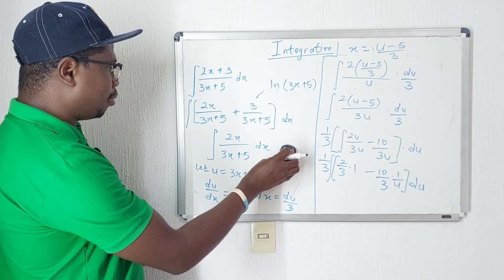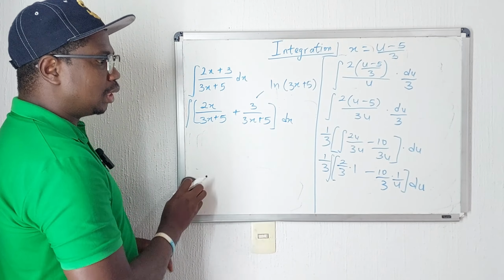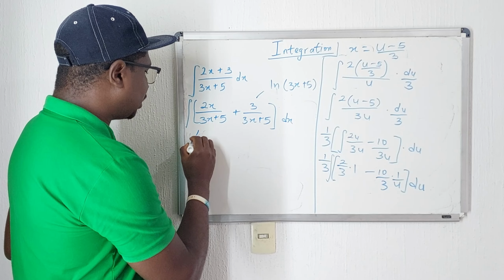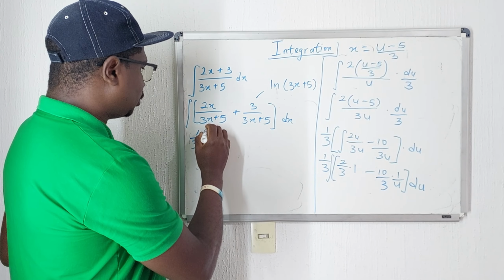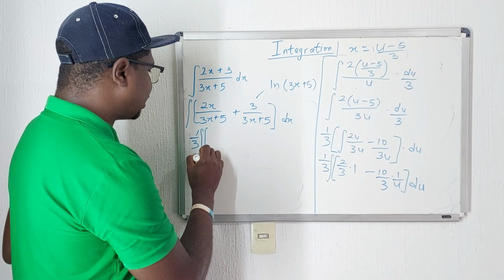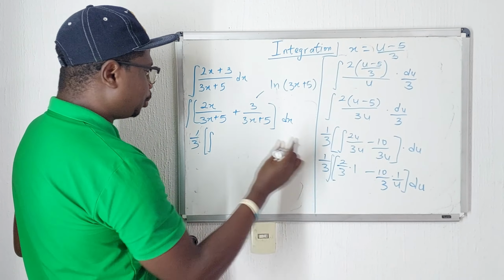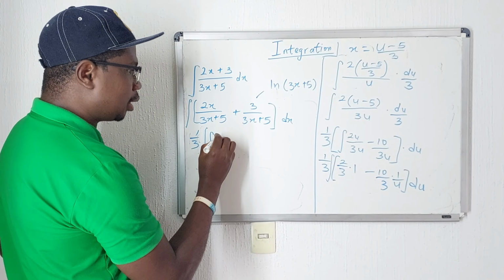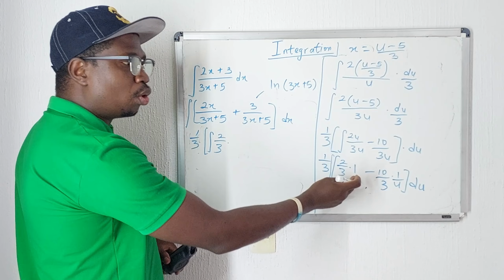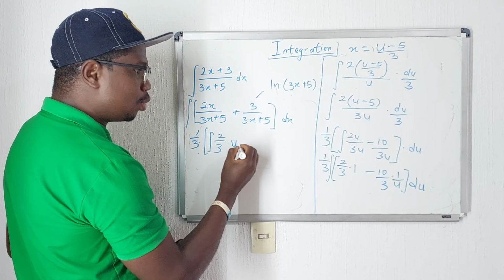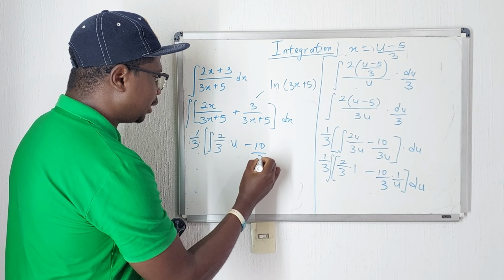So let's continue from here. Now what do we do next? We have 1 over 3, open brackets. Can put the integral sign, but let's put it inside the integral. This is 2 over 3 dot, if I integrate 1 with respect to u, I'll have u, minus 10 over 3.